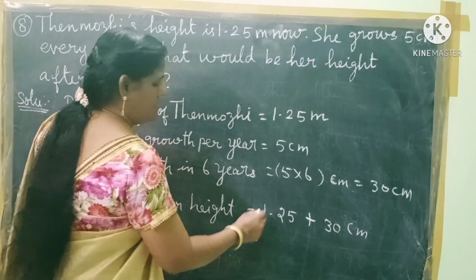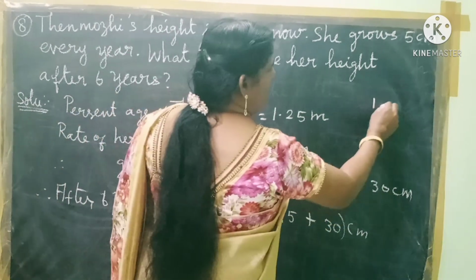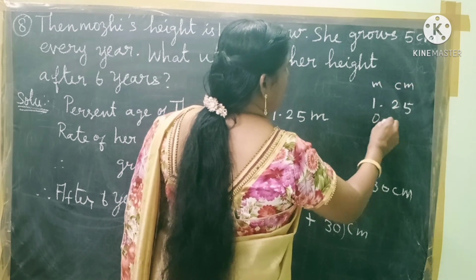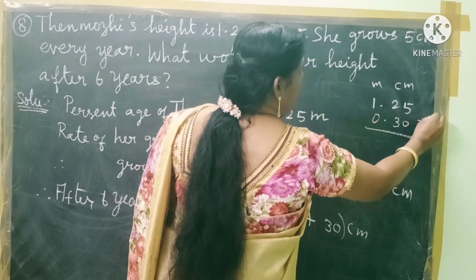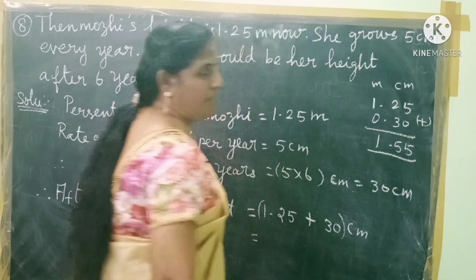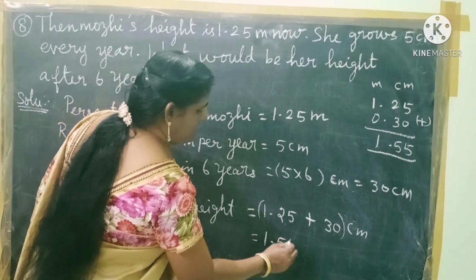So that means you should add centimeter with centimeter. 1.25 is in meter, and this is in centimeter, 0.30. So if you add it, what will come? 1.55 is the answer.